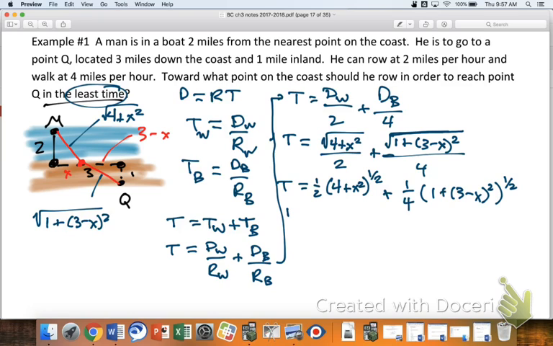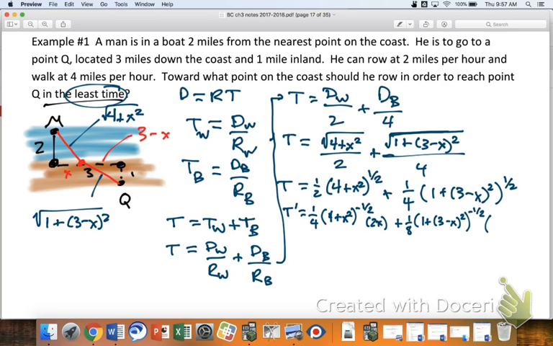So I'm going to write t prime equals 1/4 times 4 plus x squared to the negative 1/2 times 2x. Plus, I'm using a chain rule in there, 1/8 times 1 plus 3 minus x quantity squared to the negative 1/2.